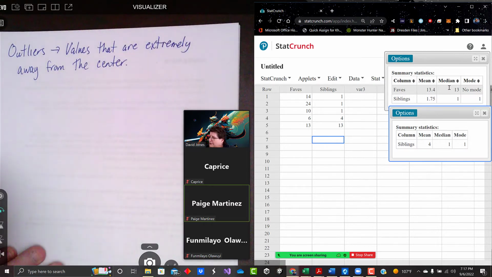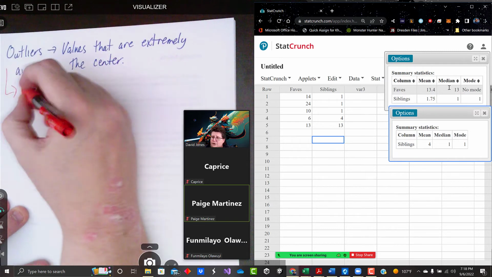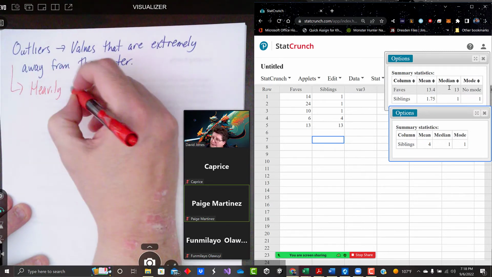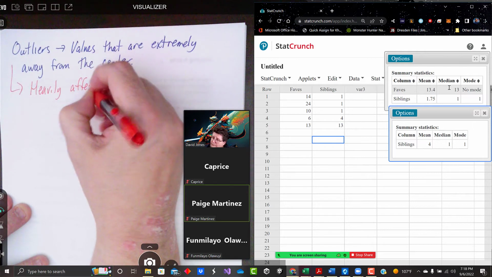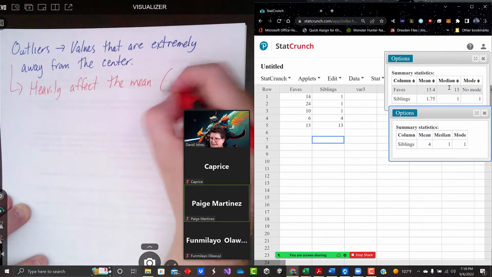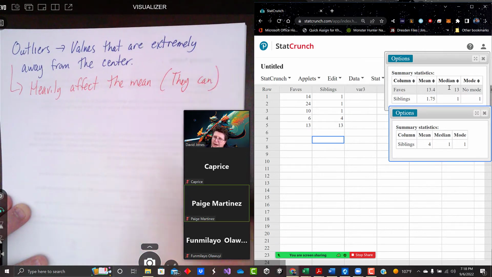So outliers can heavily affect the mean. They can, I should say. They don't always, but they can.